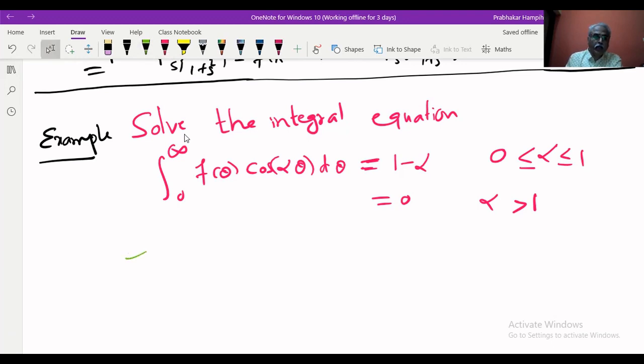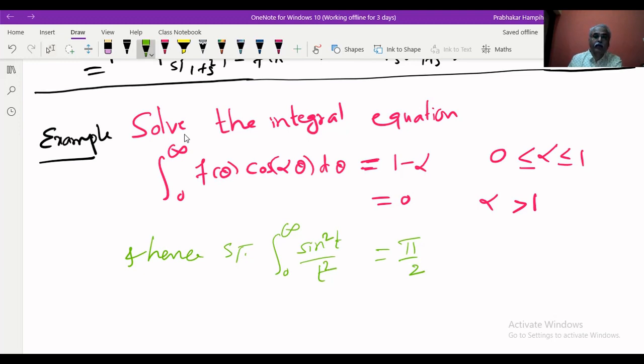Let me complete this and hence show that the integral from 0 to infinity of sin square t by t square is also pi by 2, amazingly, just as you have seen that sin t by t is pi by 2.